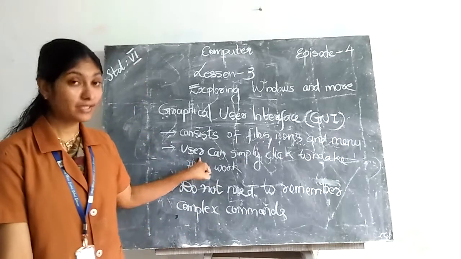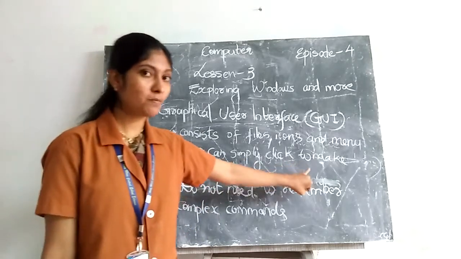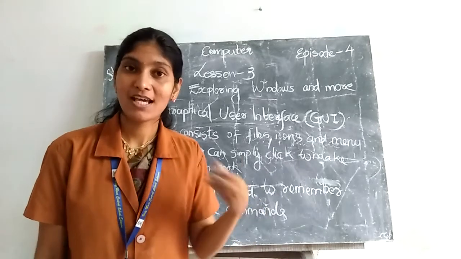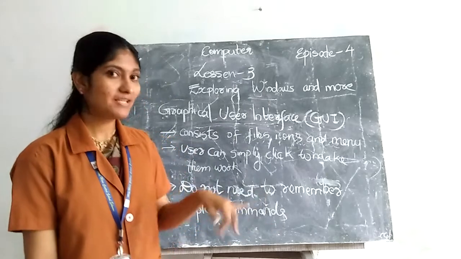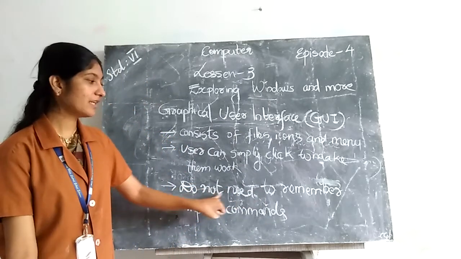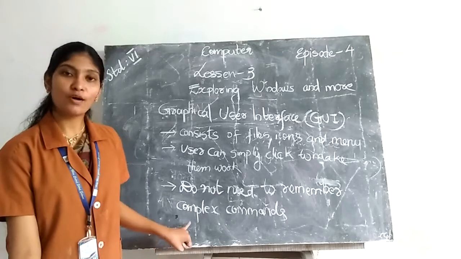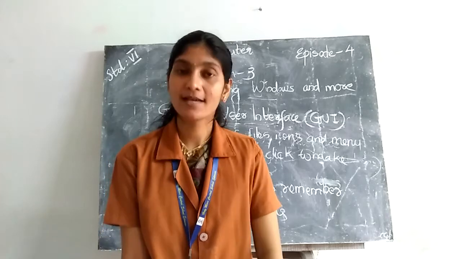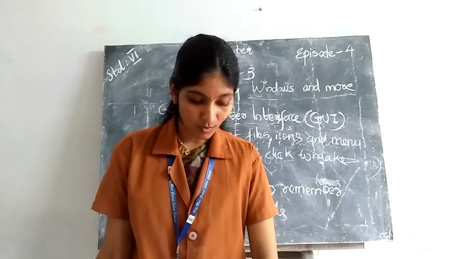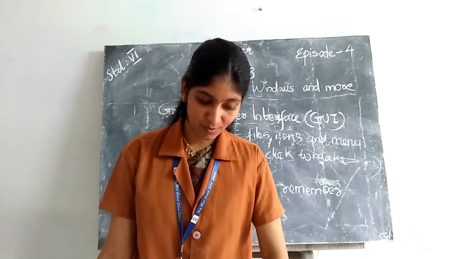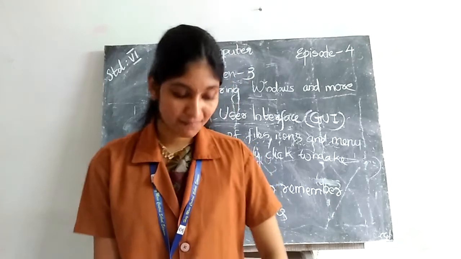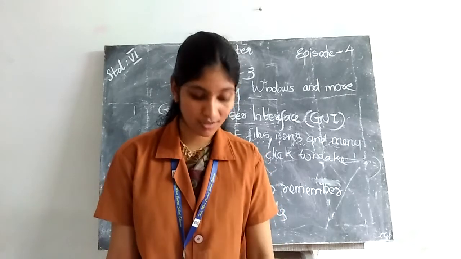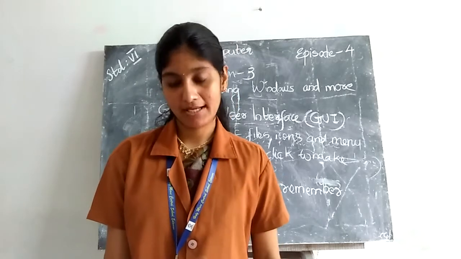And third, we do not need to remember the commands we used in olden days. So that means it is very user friendly. A graphical user interface or a GUI consists of icons, files and menus on which the user can simply click to make them work. You do not need to remember the complex command lines.